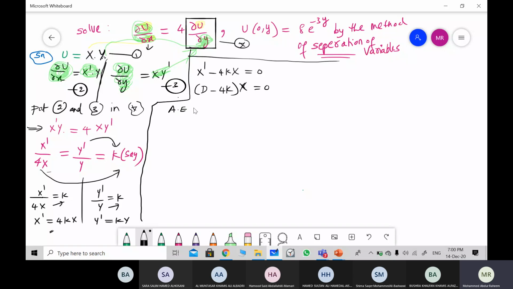Auxiliary equation. Chapter 4 now. X dash means D. We can write D minus 4k. Auxiliary equation: D minus 4k equals 0. Chapter 4. D equals 4k.